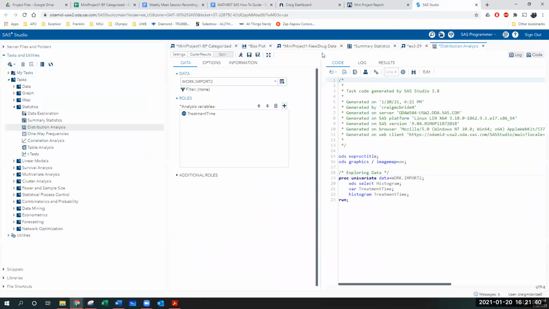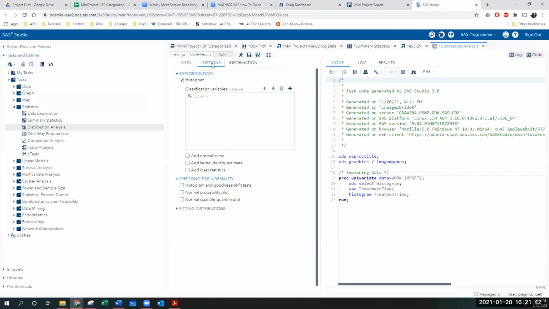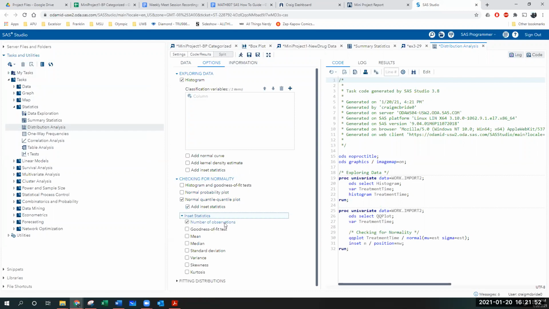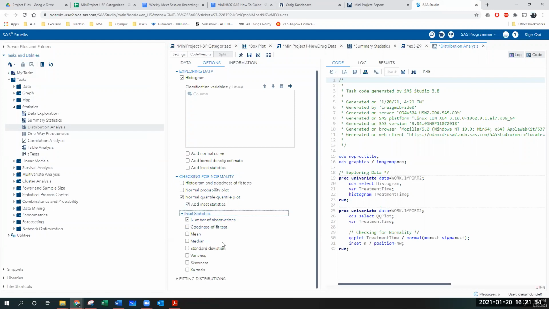Down here, you can say what kind of insert statistics you want. If you want to check for things, you can do mean and a goodness of fit test. And that's probably about it. And then run it.